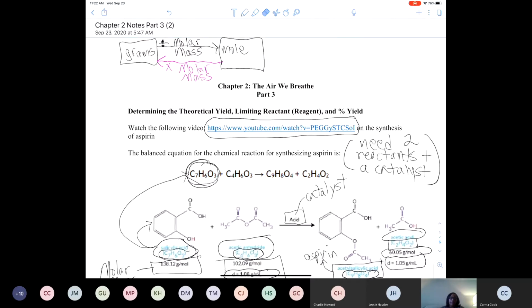Then also, you can take a gram and convert it to a milliliter by dividing by the density.